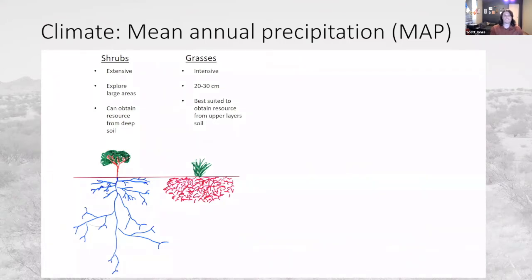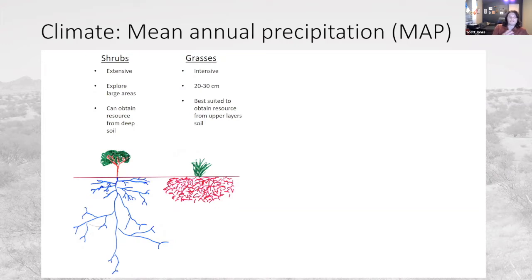So what happens when you start to change the amount of precipitation you get in a location? Well, this is really dependent on the physiological differences between shrubs and grasses, especially in their rooting ability. Shrubs have a very extensive root system, especially their taproot. In our case, velvet mesquite has one of the deepest taproots, which can go down 100, 150 feet to explore for water.